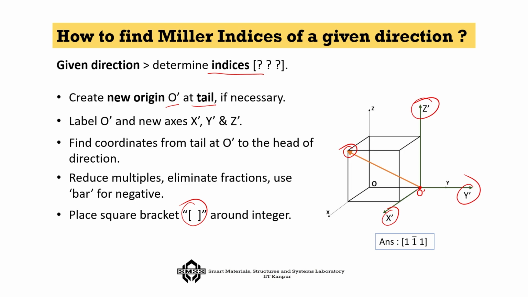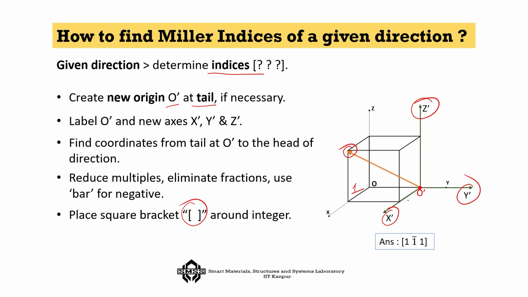So, for example, in this case I have to figure out what is the Miller index for this direction. I already know that this part is 1, which is the x direction. So, this is 1.